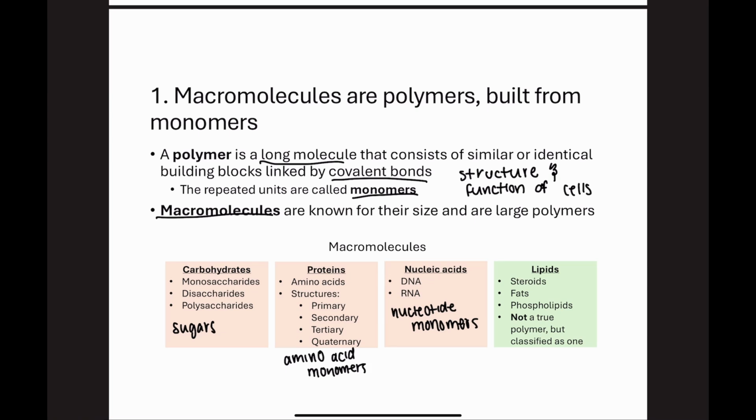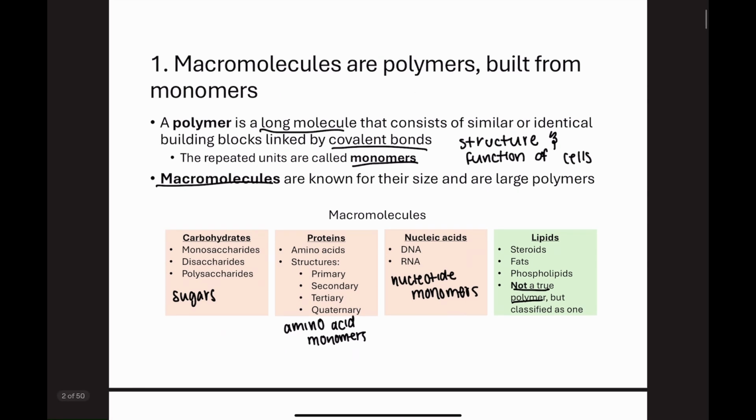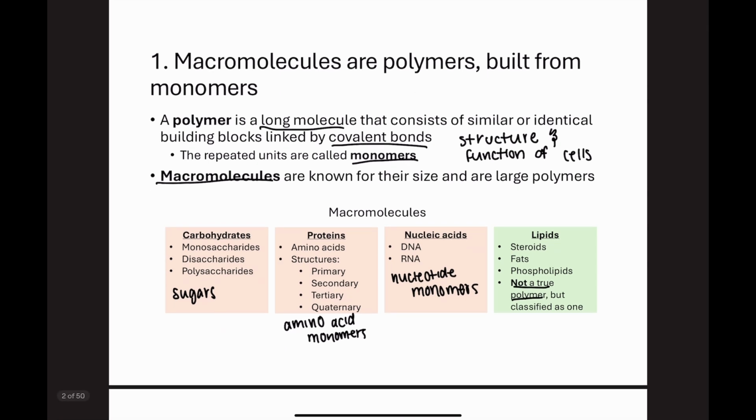And when we look at lipids, we see that they are not a true polymer. They are not true polymers because they are not made up of repeating monomer units like we see in our carbs, proteins, and nucleic acids. Lipids, instead, are often classified with polymers because they are large and they are assembled from smaller subunits.